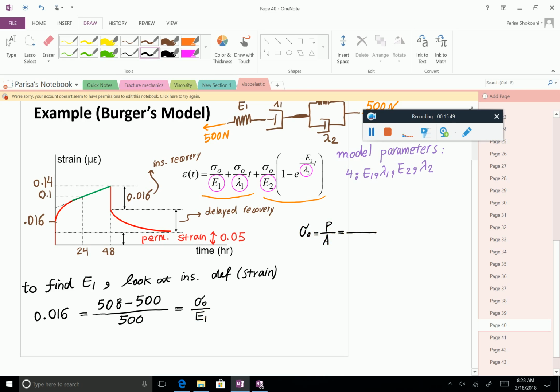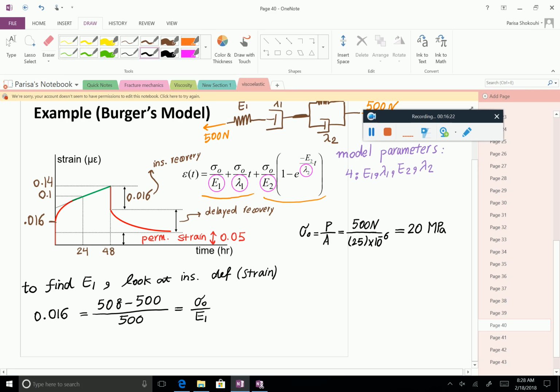The force is 500 newtons and the cross section is squared, 5 by 5, so you have 25 millimeter squared, and the stress turns out to be 20 megapascals.